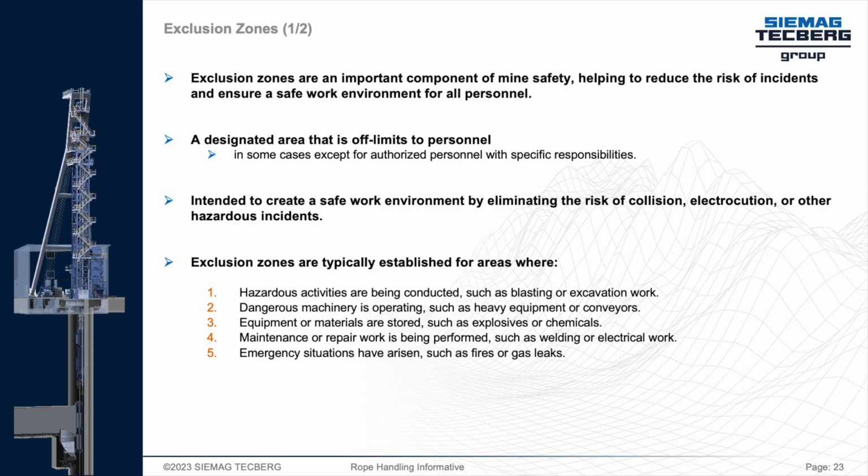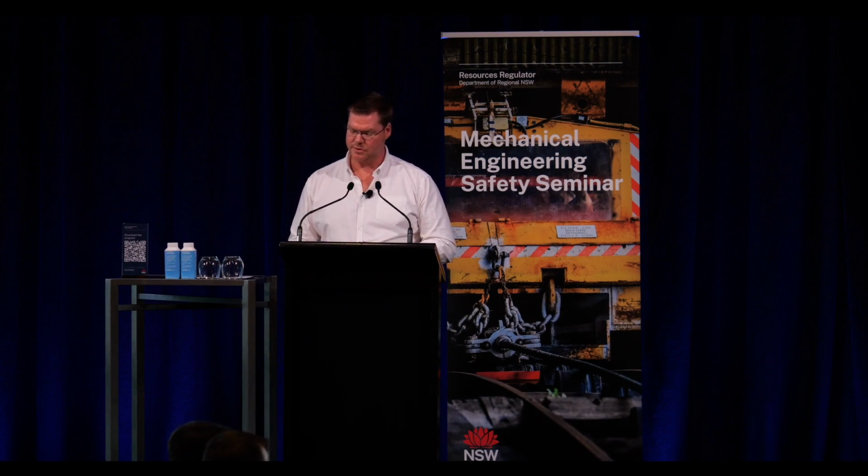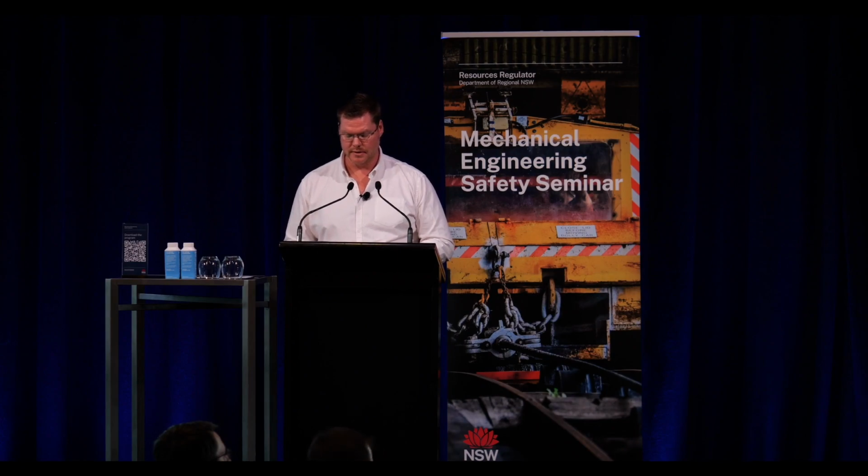Again, for any rope handling activity, you need to make sure you have adequate exclusion zones. Identifying exclusion zones in the planning stage and implementing controls to minimise the need to enter these areas are essential in reducing exposure to our employees and our contractors.